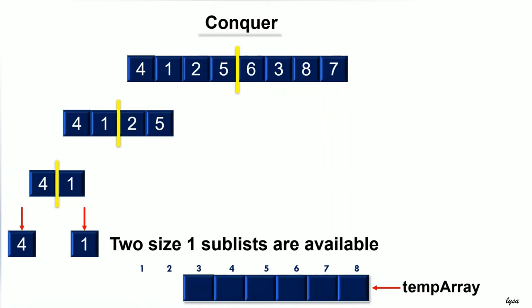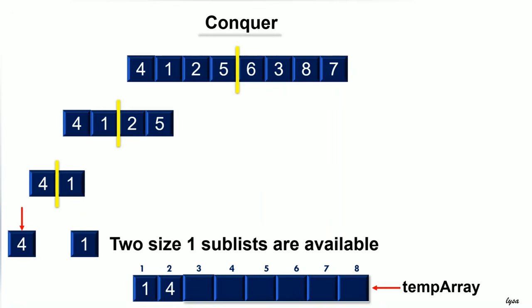One to the first value in the left sublist, which is 4, and to the first value in the second sublist, which is 1. I compare 4 and 1. I see which is the smaller value. The smaller value is 1. I write it in my temporary array, and then I move the pointer. When I move the pointer, which is at 1, I have come to the end of the sublist, so that sublist is over. Then I move to the other sublist. There is still a pointer to 4. I will copy it into the temporary array.